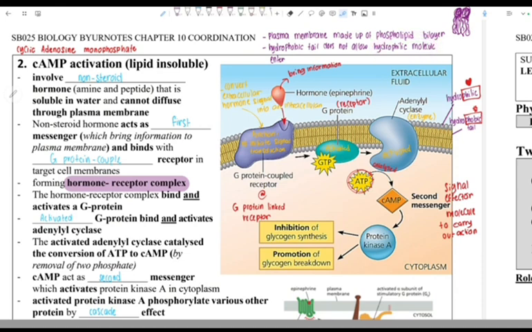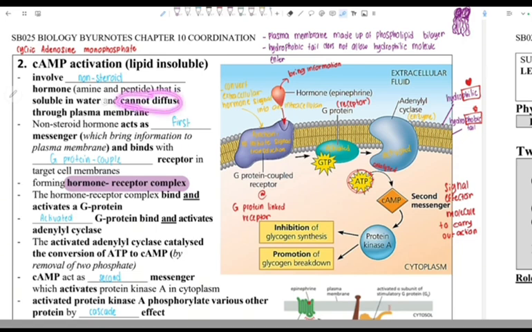Okay, first thing first, dalam cAMP activation ni, dia involve non-steroid hormone seperti amine dan juga peptide. Amine dan peptide ni adalah derived daripada amino acid dan protein that is soluble in water and cannot diffuse through plasma membrane.